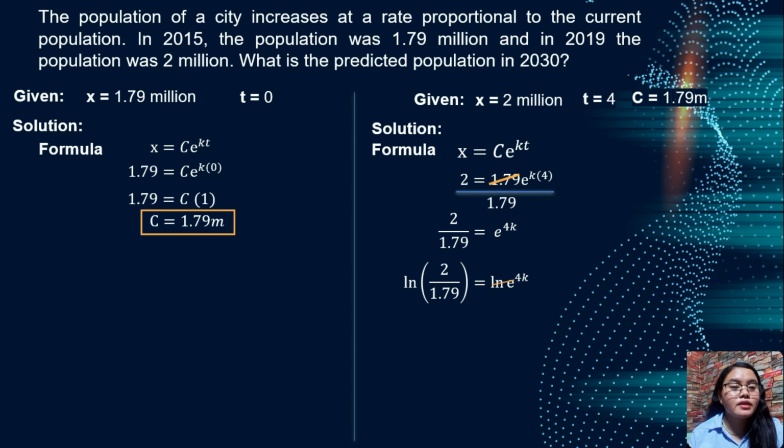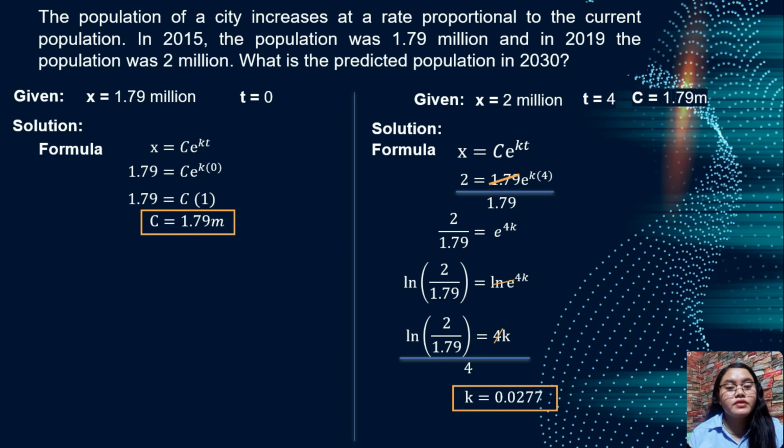So this will be cancelled out, leaving ln of 2 over 1.79 is equal to 4k. And to eliminate 4 on the right side of our equation, we will divide both sides by 4. So we have k is equal to 0.0277.